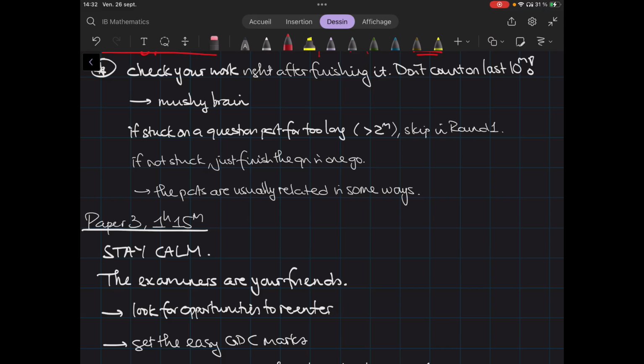If you're stuck on a question part for too long, you should skip it and leave it to round 2. If you're not stuck, especially in section B, just finish the question in one go, and the reason being that all the parts in the questions are related in some way, shape, or form. If you realize you made a mistake, I would recommend ignoring it, moving on to the next questions, then coming back to it when your brain is cleared.